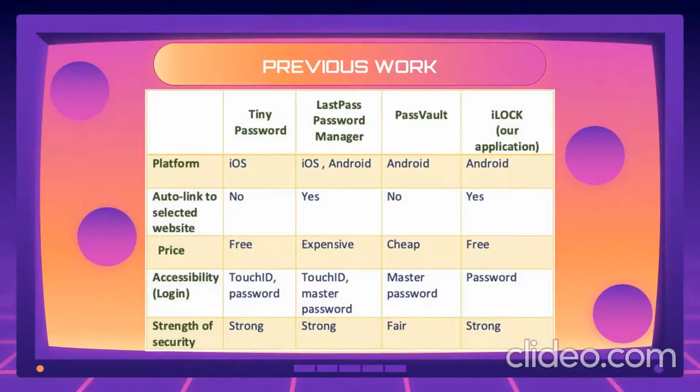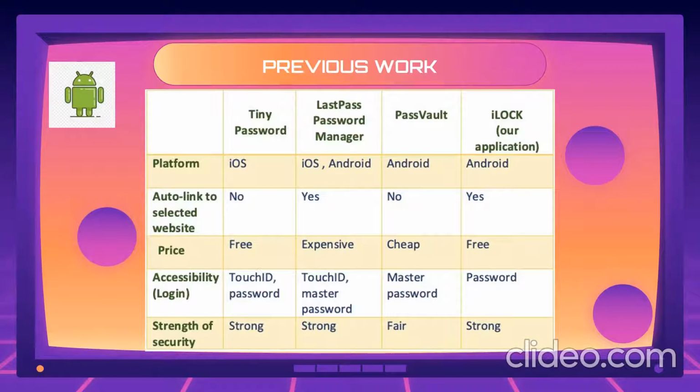In order to clarify the criteria and gain accurate knowledge about password management applications, we have done some observation and reviewed 3 existing mobile-based applications, which are Tiny Password, LastPass Password Manager, and also PassVault. From these 3 applications, we have built our own application named iLOCK. Our application can be used by Android users only, who can fully access this application for free.